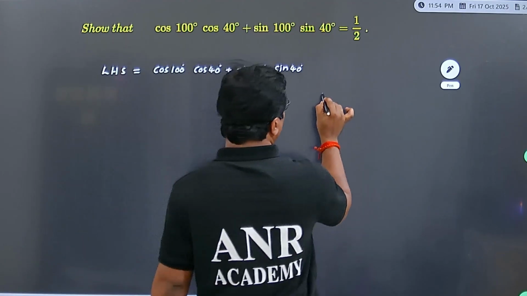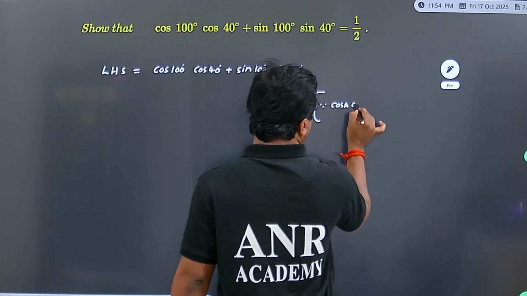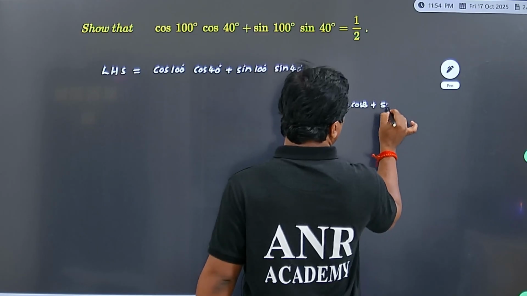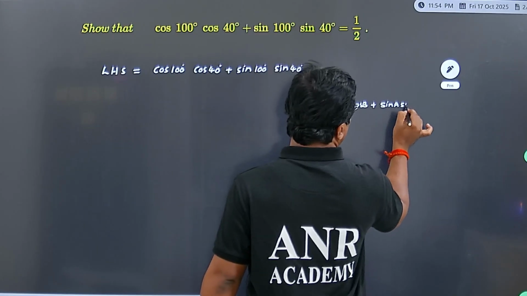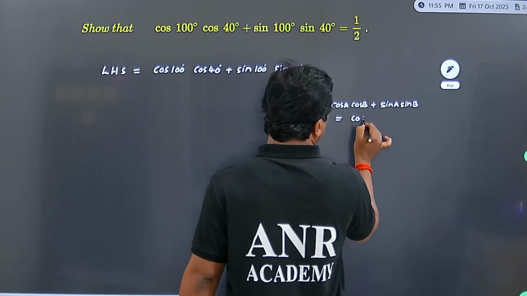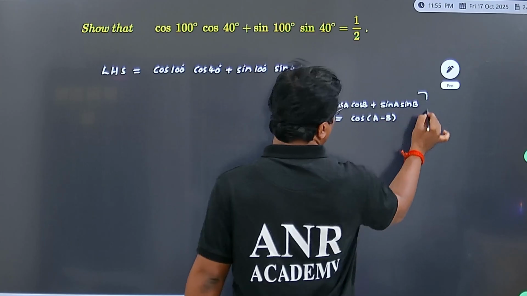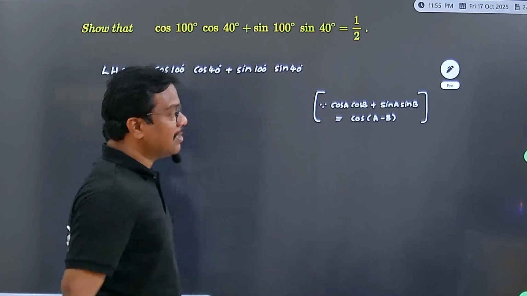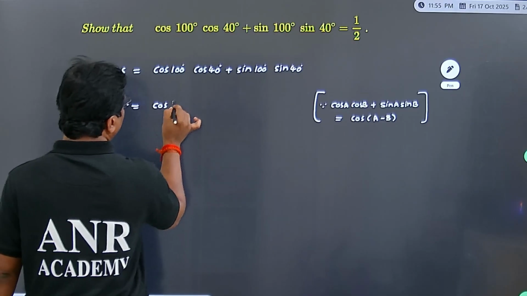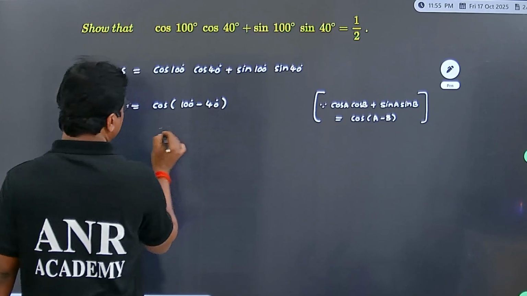We know that cos A cos B plus sin A into sin B can be written as cos of (A minus B). So using this you can write cos of (100 degrees minus 40 degrees).